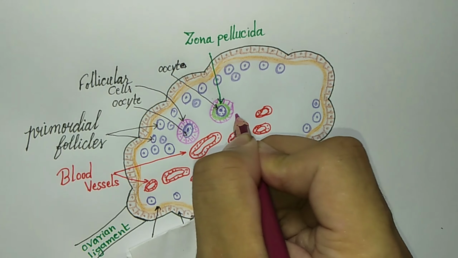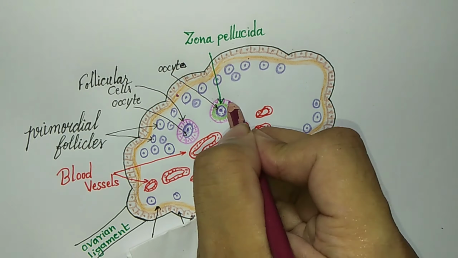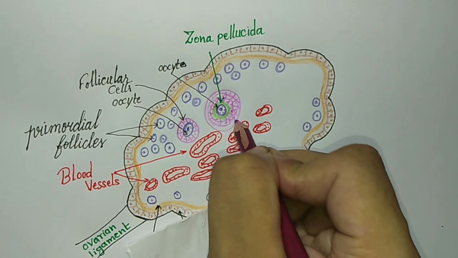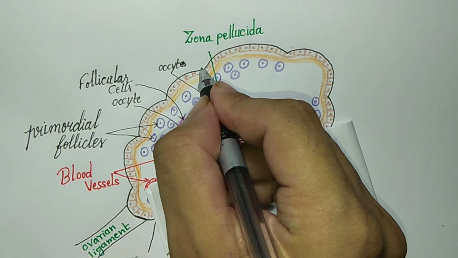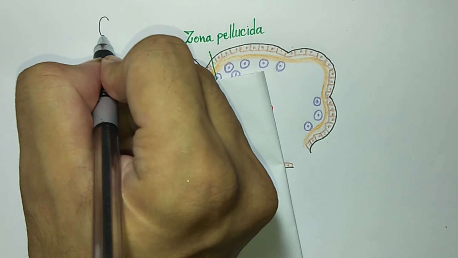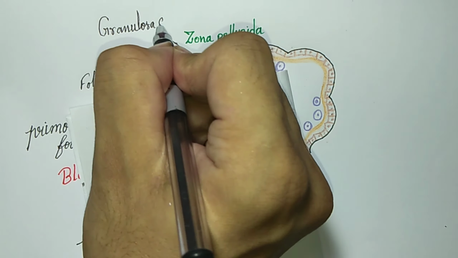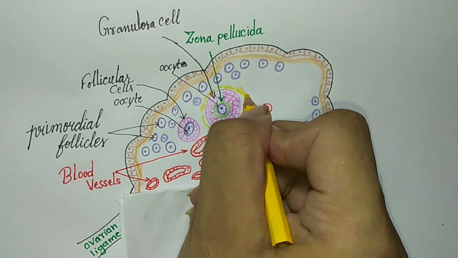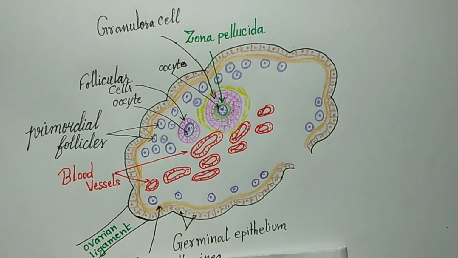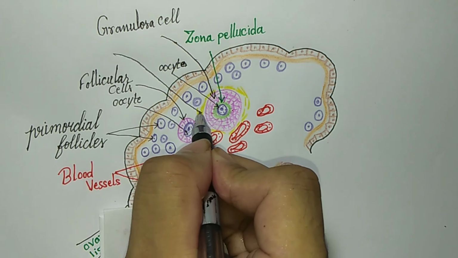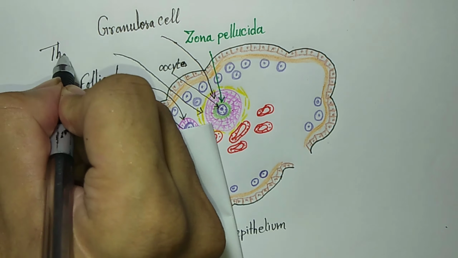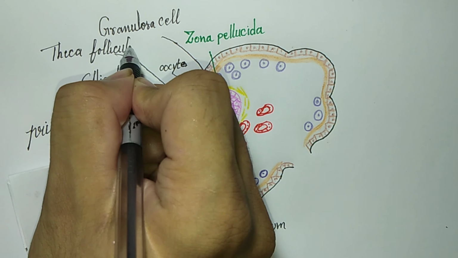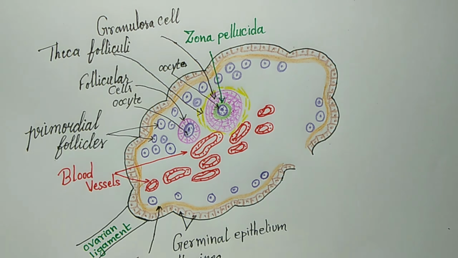The layer of zona pellucida in green color, and in pink color this one is the structure of granulosa cell. In yellow color this structure is theca folliculi.